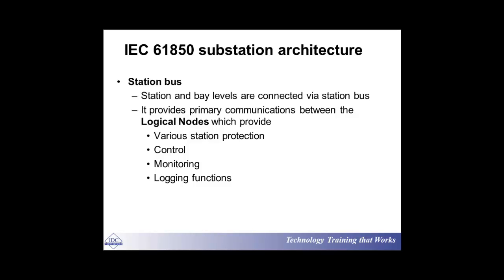So all I'm saying is that if for any reason you lose any of those logical nodes, in that case it is pretty much likely that there will be some errors in terms of protection, in terms of the control logic, in terms of your monitoring, metering, measuring, logging, things like this.